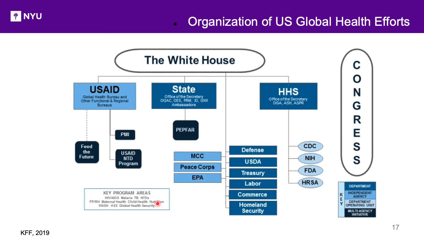When we think about global health financing from the U.S. perspective, there are two key players. Congress. Congress has the power of the purse, they allocate money, and most of the money usually goes to the executive branch. So the executive branch includes usually the White House, and the White House has many specific programs and departments.